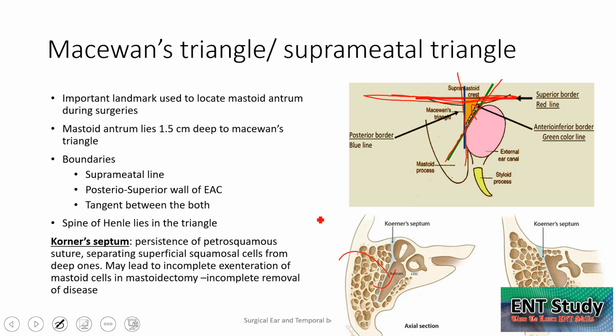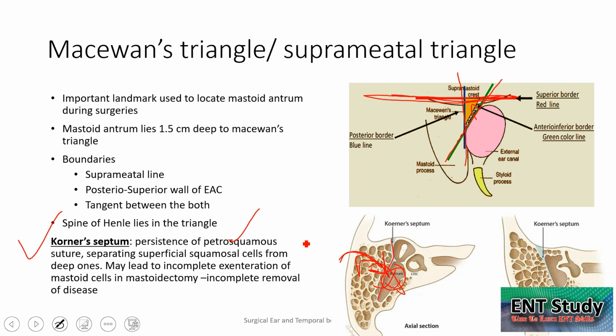An important clinical marker is the presence of Korner's septum, which is the persistence of the petrosquamous suture. It separates the superficial squamosal cells from the deep cells, and if we were to reach the antrum, it is important for us to remove the septum.